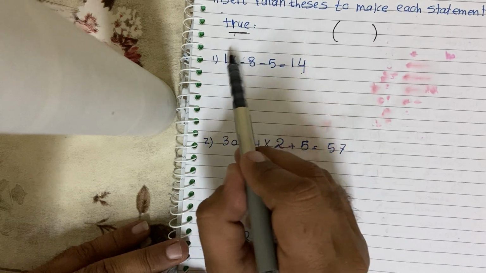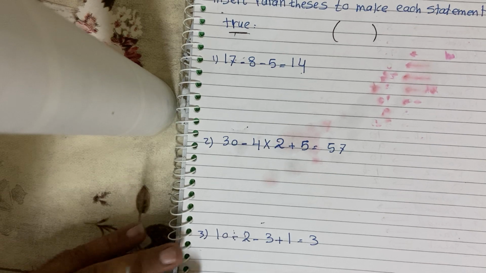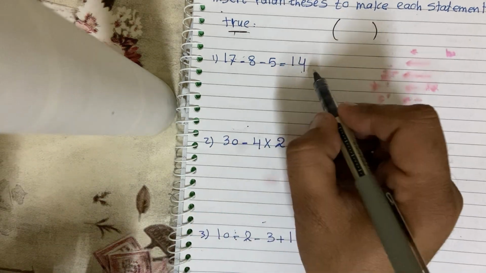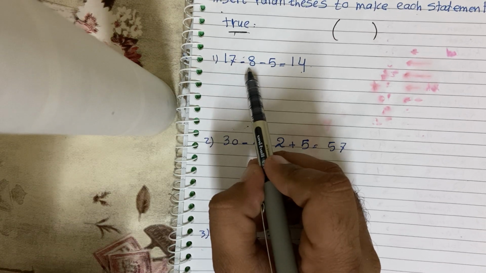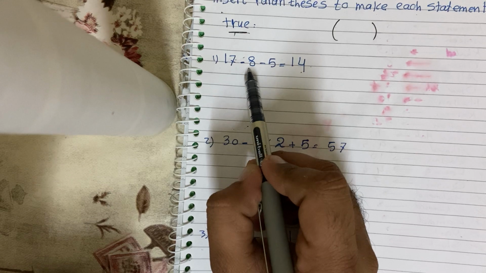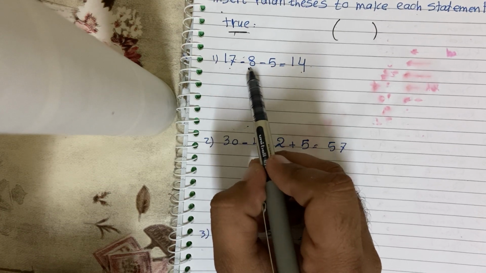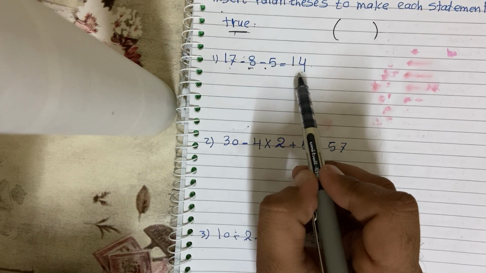We are going to put a bracket between 17 and 8. And check your answers. If it is 14, no problem. 17 minus 8, the answer is 9. 9 minus 5, 4. So I need 14, not 4.